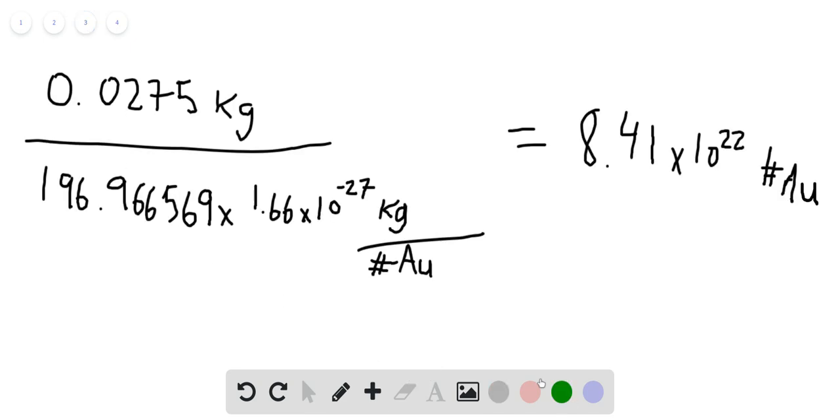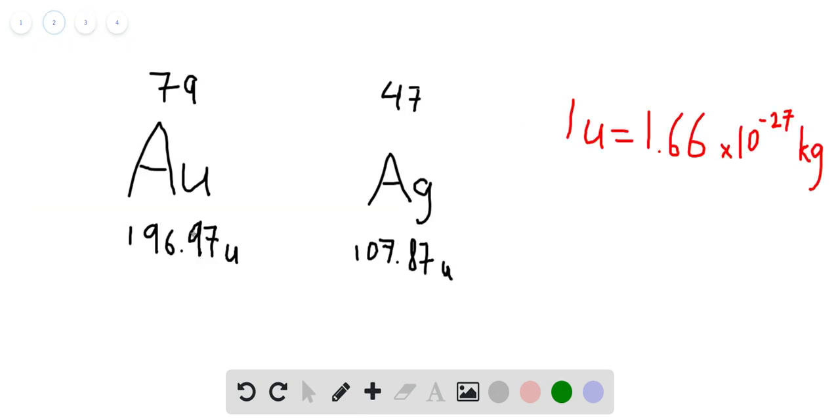We can do the same for silver. Actually, we can probably reuse this here. So for silver, I'm going to use a different color. The only thing that changes is this number here. And for silver, we have, instead of 196, 107.87.